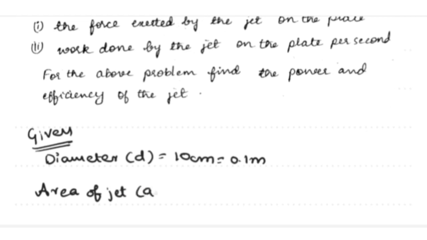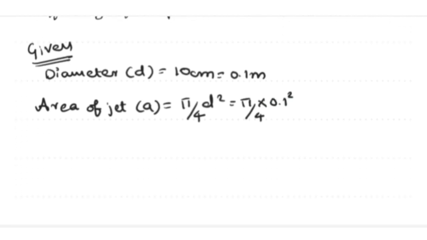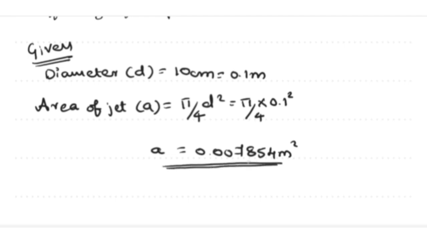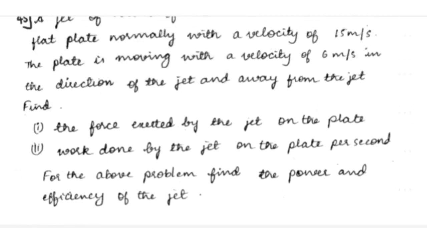A is equal to pi by 4 into d square, that is pi by 4 into 0.1 square. If we solve it, we will get area is equal to 0.007854 meter square.